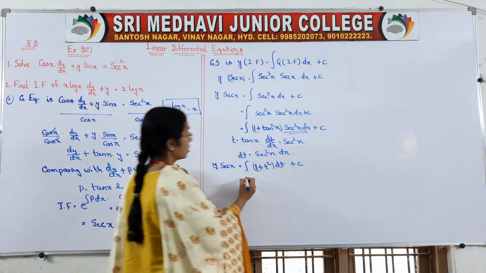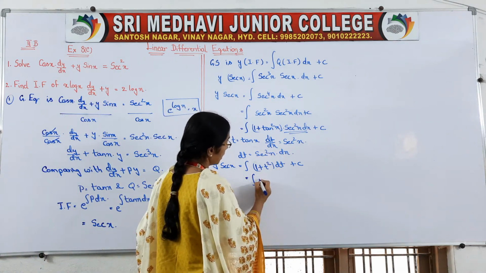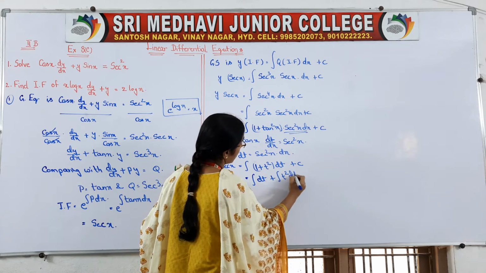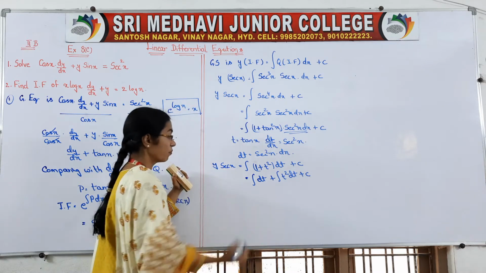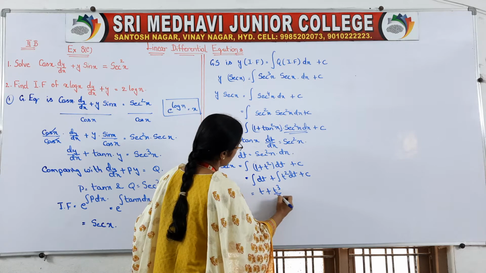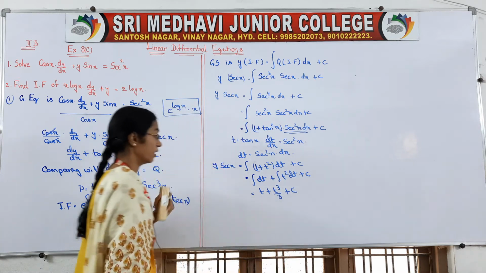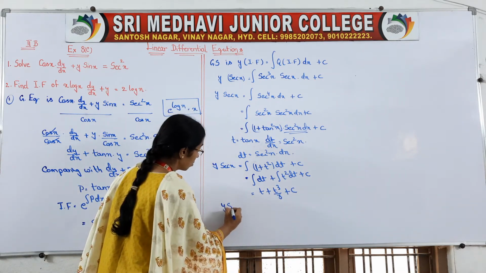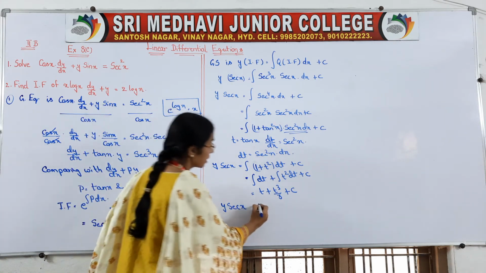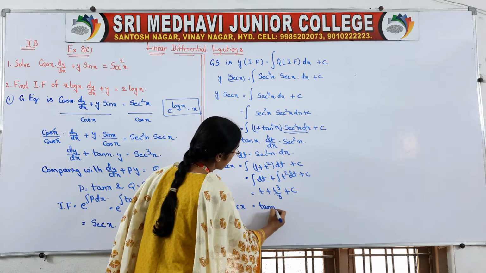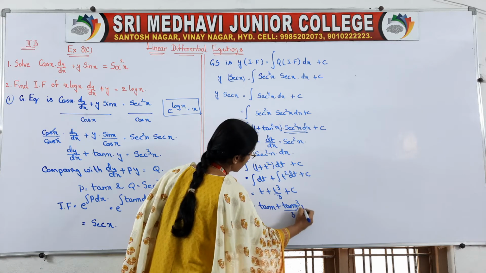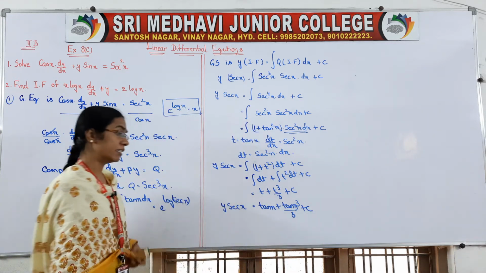So it is the integral of 1 into dt, which is t, plus the integral of t square dt, which is t cube by 3, plus c. So y into secant x is equal to t plus t cube by 3 plus c. What is t? It is tan x. So y secant x is equal to tan x plus tan x whole cube by 3 plus c, which is the answer to your question.